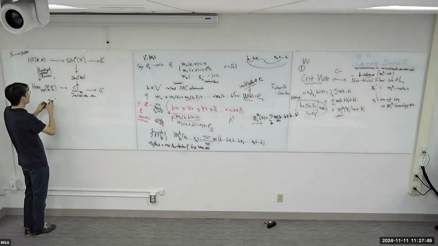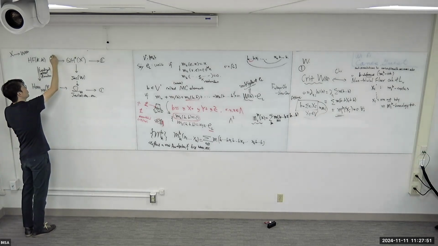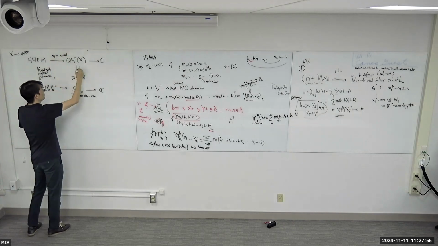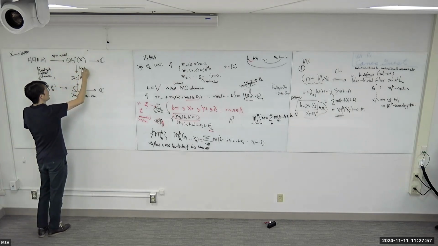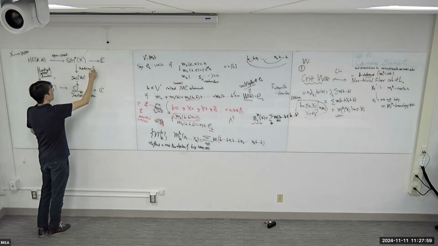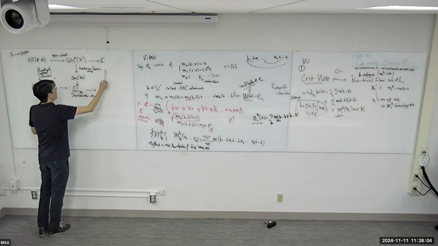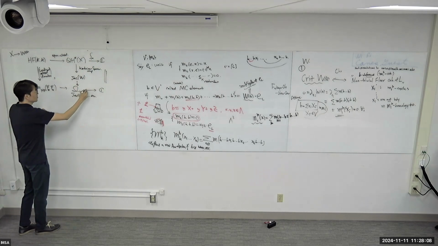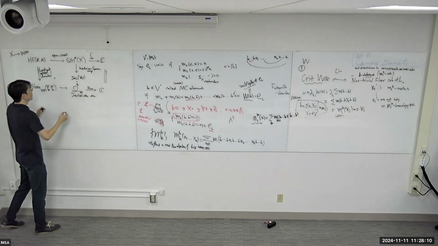This is called the open-closed map, and this is called the Kodaira-Spencer map. This is integration on X. This is the residue theory.